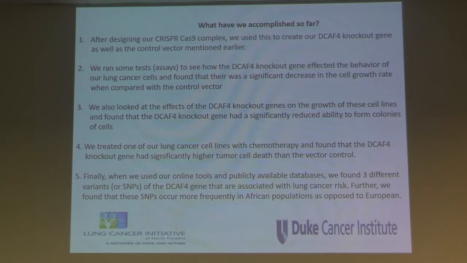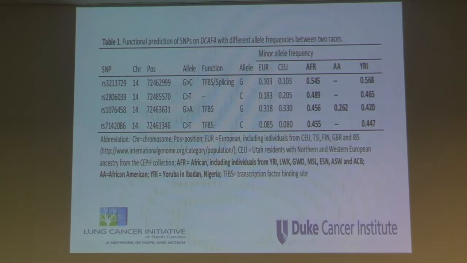Further, we found that these 3 specific SNPs were more common in African populations as opposed to European populations. This is the frequency of those alleles, showing that they were greater in African and African American populations as well.